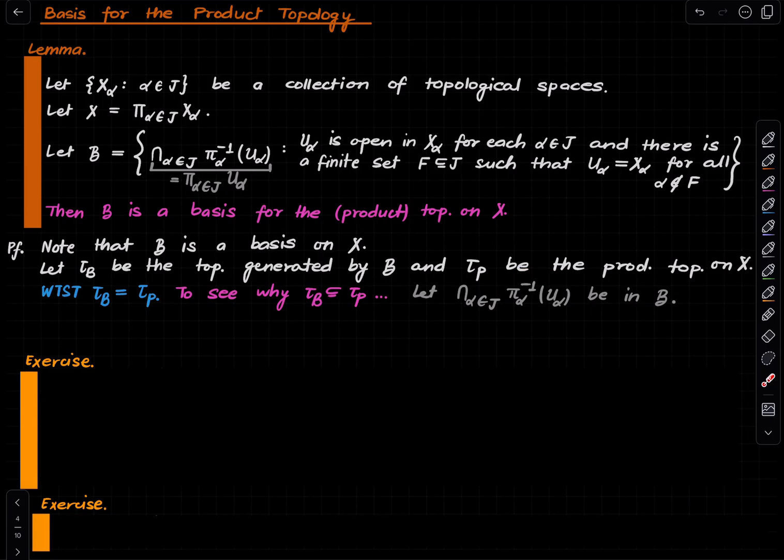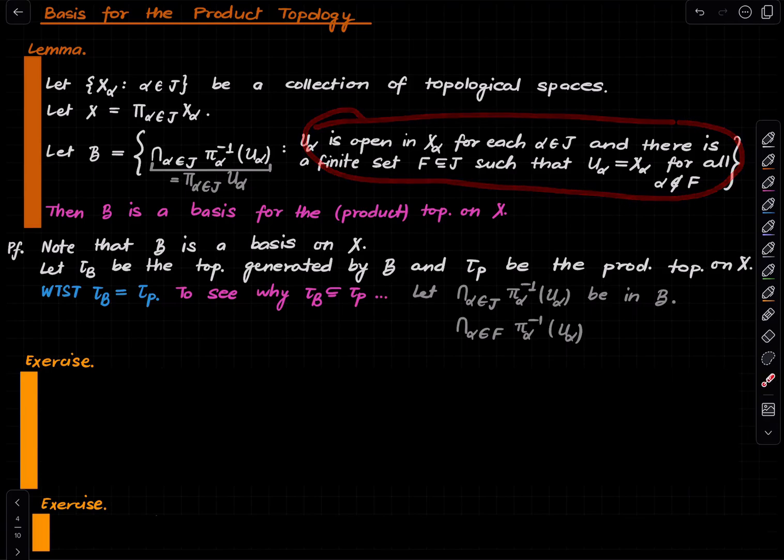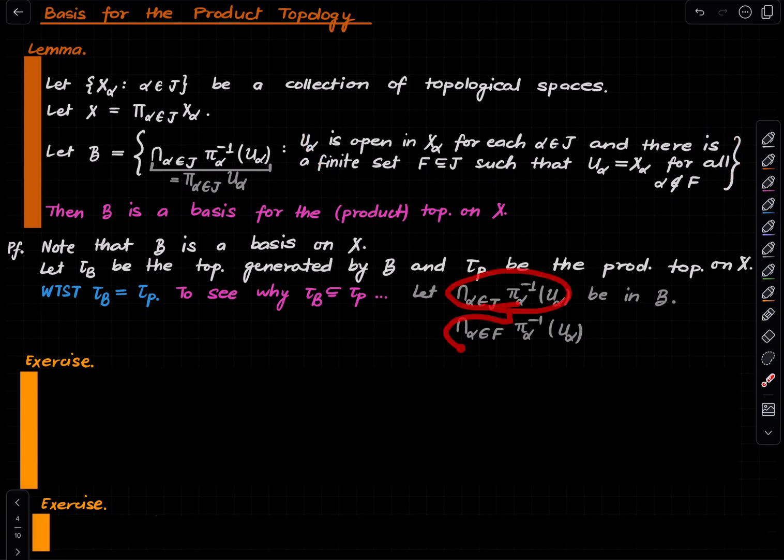So this intersection, which may look like an infinite intersection, is actually just the intersection of finitely many things, where F is a finite set that exists because of the definition of B. So this intersection is actually just a finite intersection for a suitably chosen F. Each of these is open, and hence this is an open set.